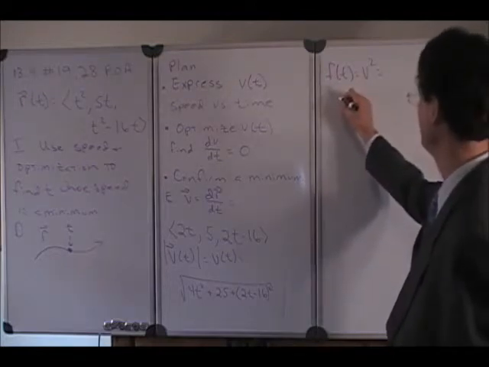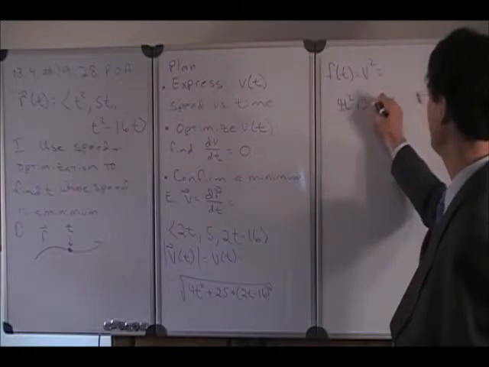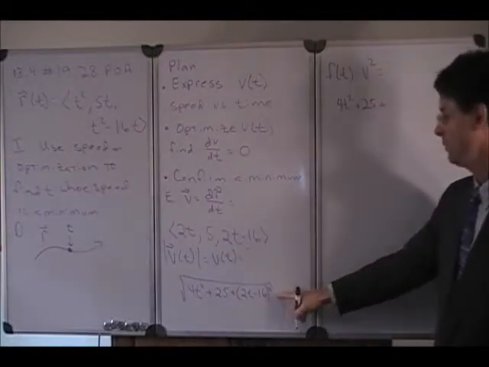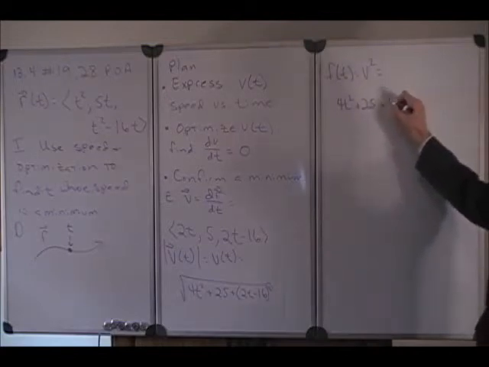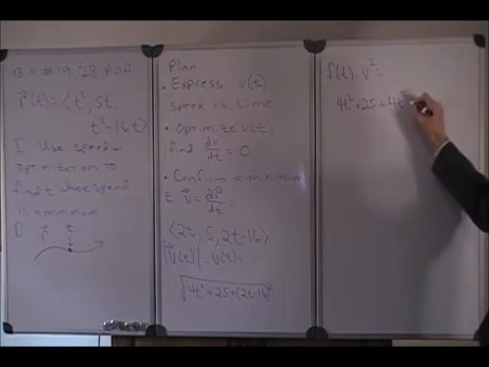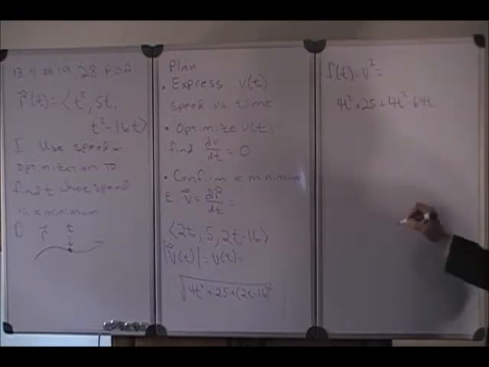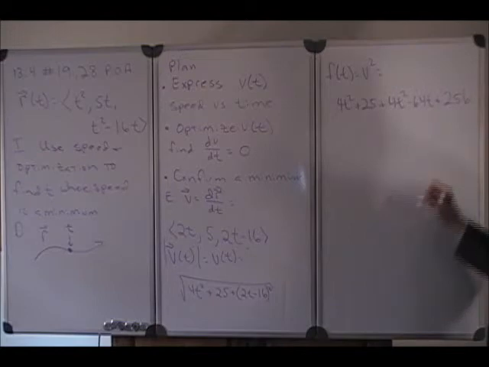So we end up with 4t squared plus 25. And let's go ahead while we're at it and expand out that binomial there. So that would be 4t squared minus 64t plus 256.